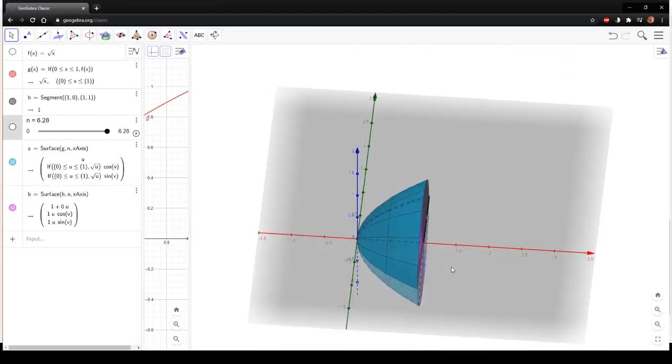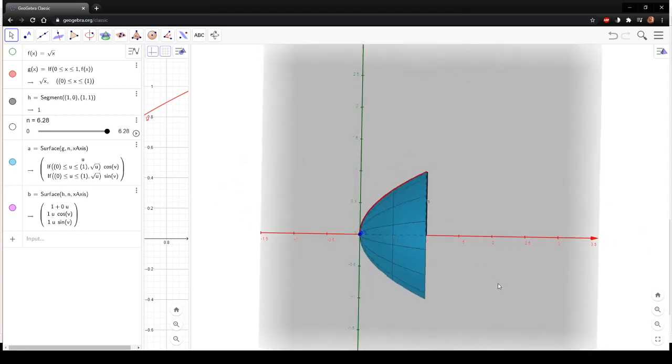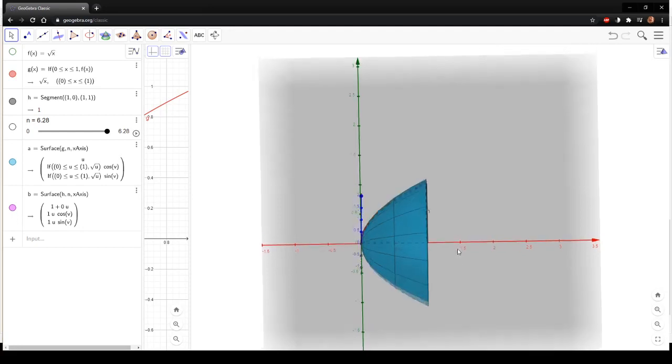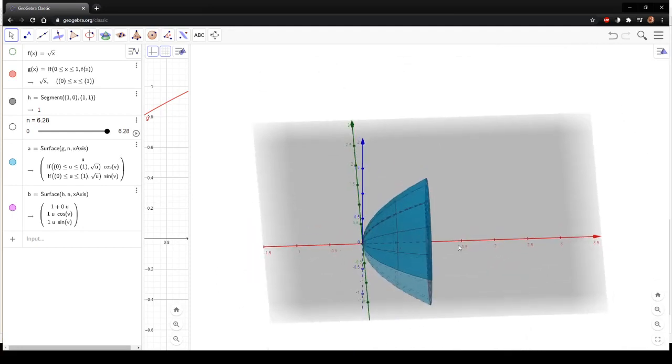Now, our strategy is going to be to slice this, and then add up the volumes of all those little slices. So in this case, I think if we slice perpendicular to the x-axis, we should end up getting cross-sections that are circles. And remember, we want to slice this in such a way that the cross-sections end up being annuli.